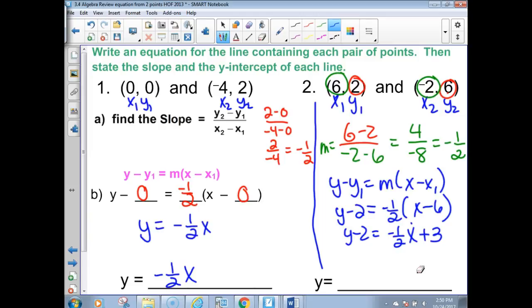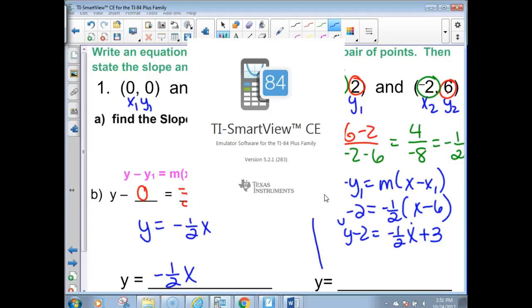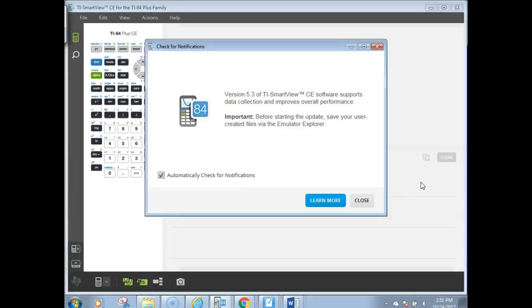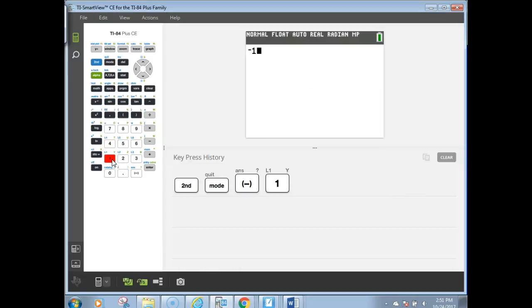If you're kind of fraction phobic and you really don't like that, here's how you could type it in the calculator. We would type in negative 1 divided by 2 times negative 6.